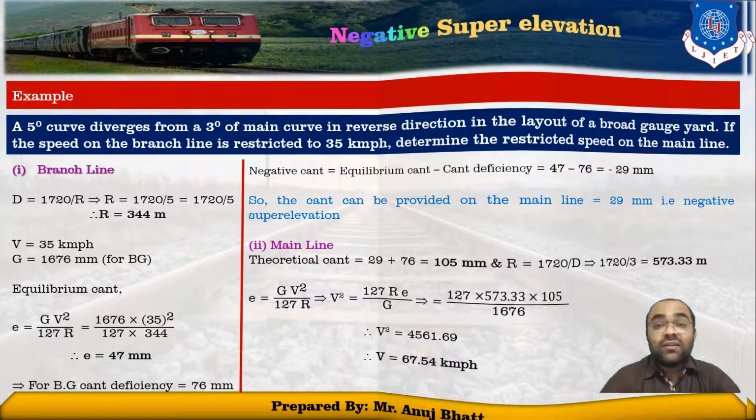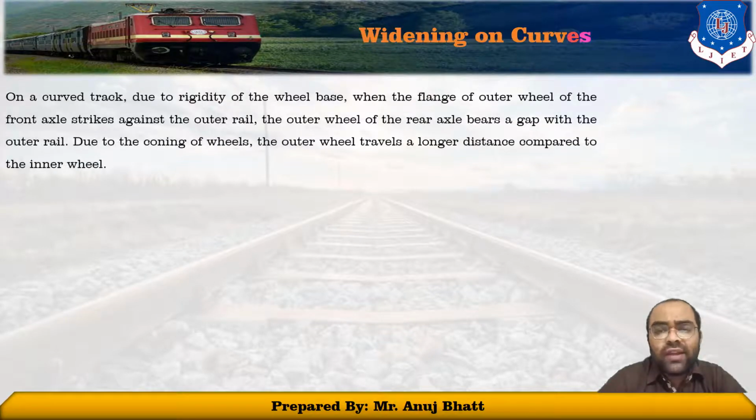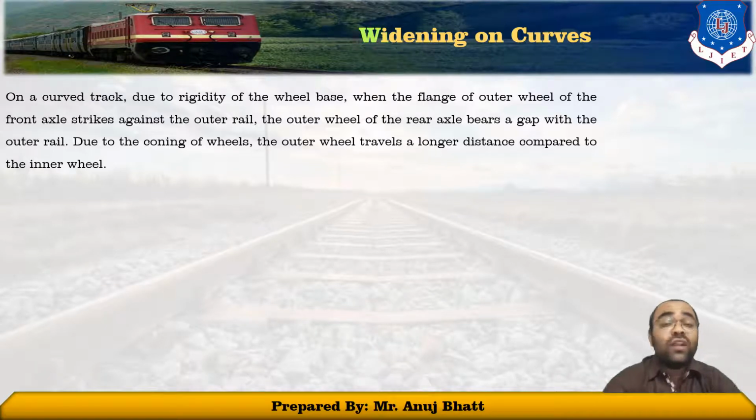The next topic is widening on the curves. Well, on a curved track, due to the rigidity of the wheelbase, when the flange of the outer wheel of the front axle strikes against the outer rail, then the outer rail wheel of the rear axle bears a gap with the outer rail.